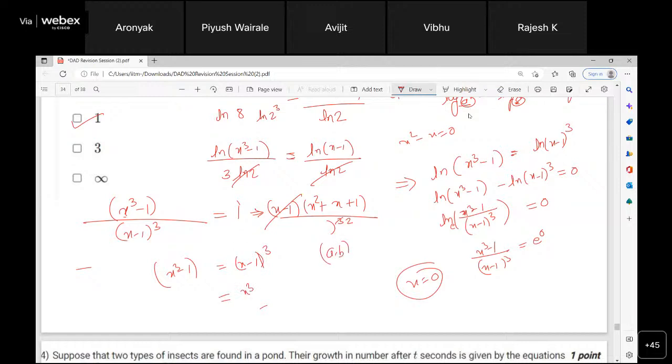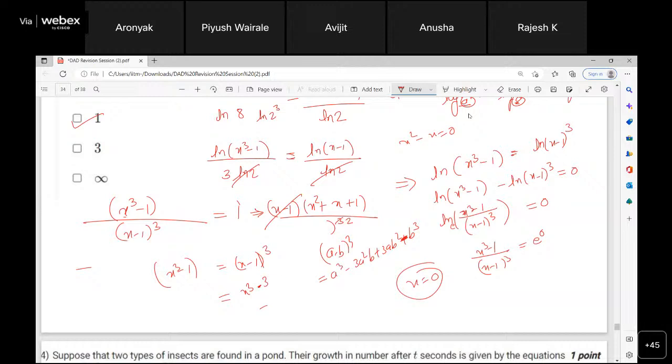It will be a cube minus 3a square b plus 3ab square minus b cube, right? Here a is x and b is 1, so it is x cube minus 3x square plus 3x minus 1.